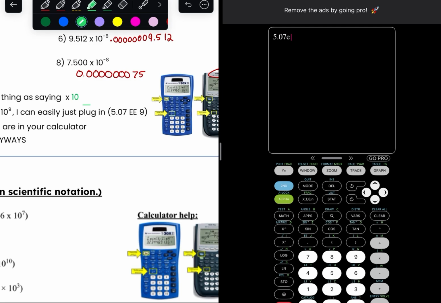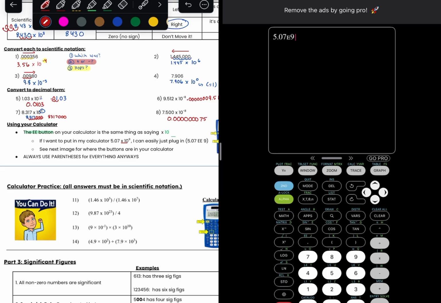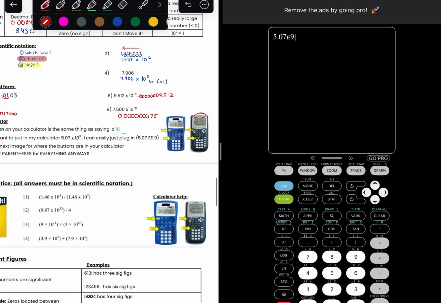In my case, it's going to turn uppercase once I put the exponent in, and then I'm immediately going to follow that with my exponent. In this case, it's 9. So this 5.07 E9 means the exact same thing as this. Wherever you see E, that's just saying times 10 to the. Again, on the TI-84, that's what it looks like.